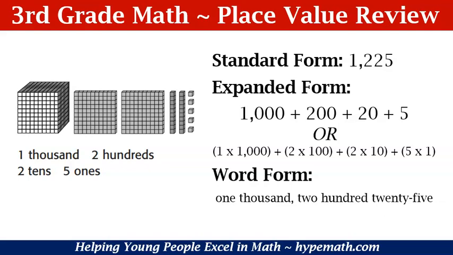In expanded form, it is 1,000 plus 200 plus 20 plus 5, or it would be 1 times 1,000 plus 2 times 100 plus 2 times 10 plus 5 times 1. And in word form, it is one thousand, two hundred twenty-five.